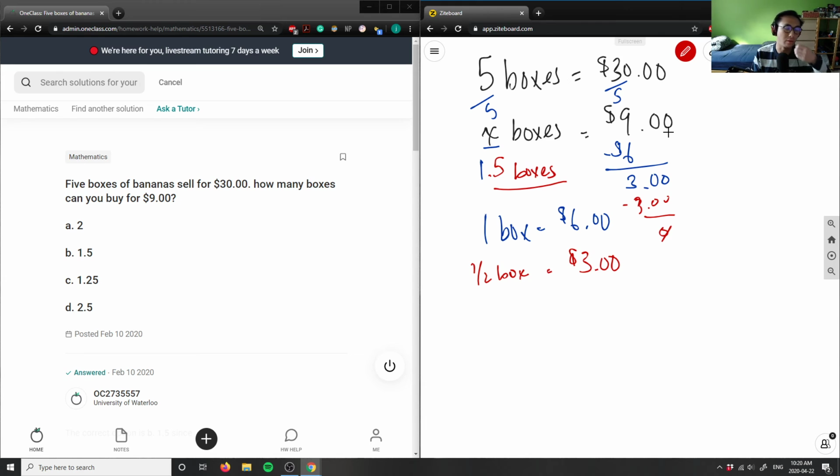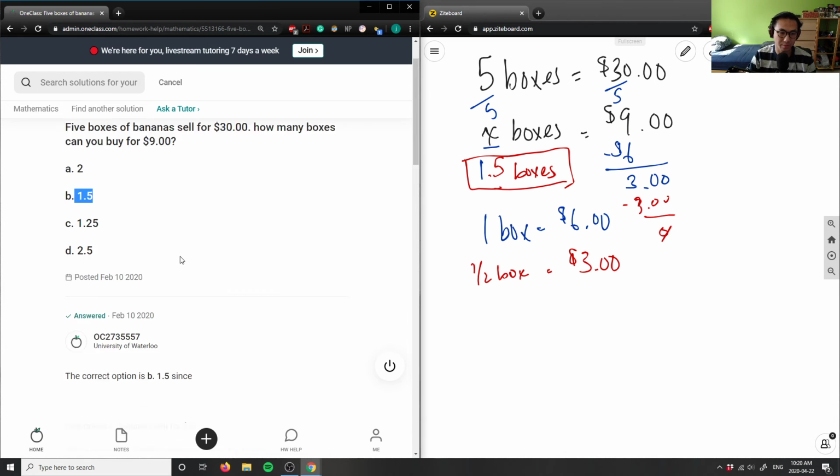With $9, I can buy 1.5 boxes. You don't really have to set up a proportion; you can do this question by inspection. If $6 is one box, then with $9 I can buy 1.5 boxes. So the answer here is B.